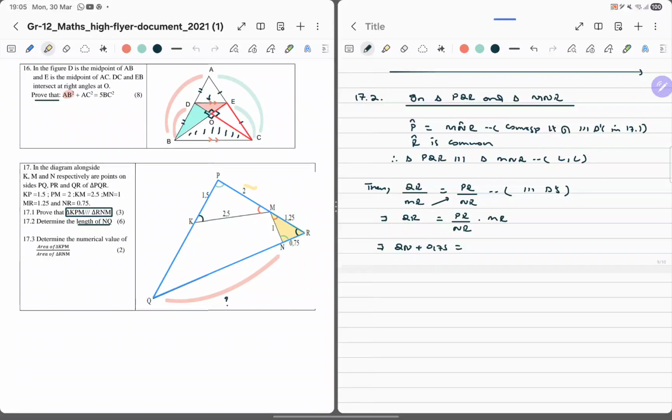PR is going to be 3.5, divided by NR, which is 0.75, times MR, which is 1.25.